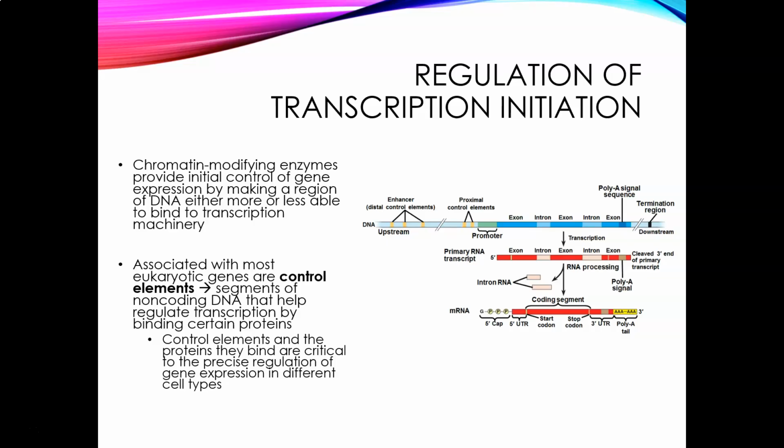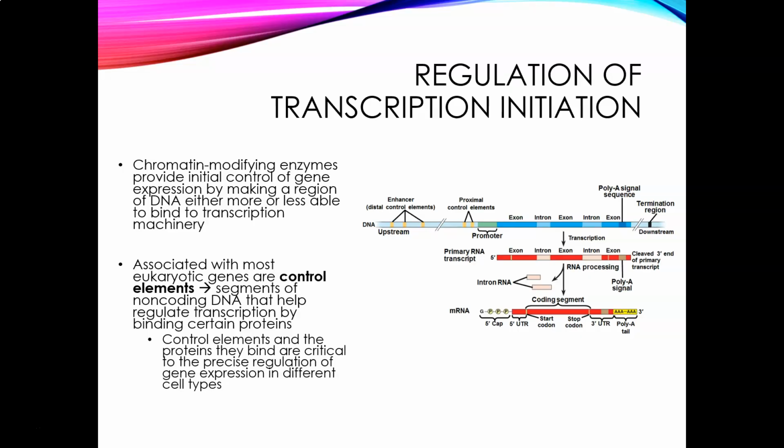Historically, we thought this was just junk DNA, because it didn't code for a protein. Well, now we're starting to understand that a lot of that so-called junk DNA actually does have function, some of which are for these control elements.